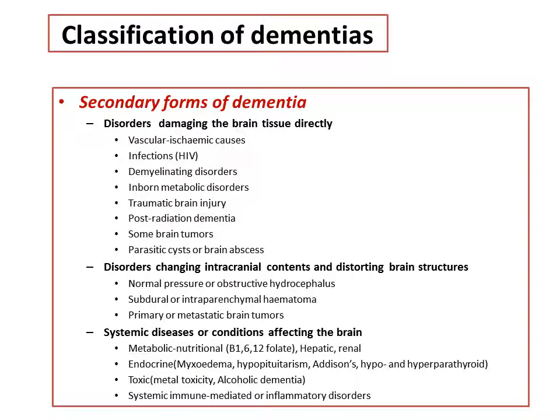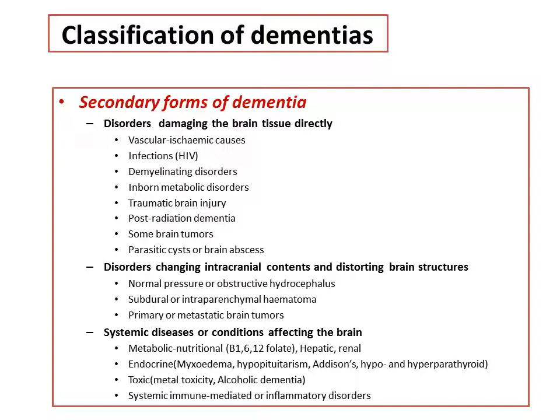Secondary forms of dementia include disorders damaging the brain tissue directly, like vascular insult, infection, demyelination, metabolic disorder, traumatic injury, post-radiation dementia, some brain tumors, parasitic cyst and brain abscess.